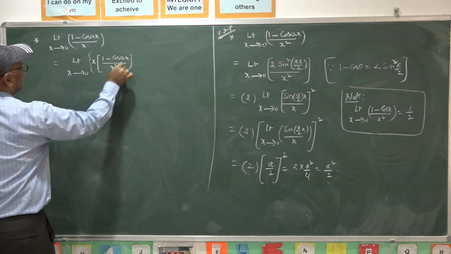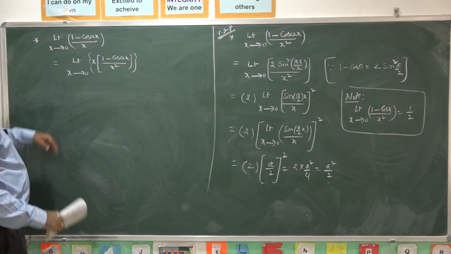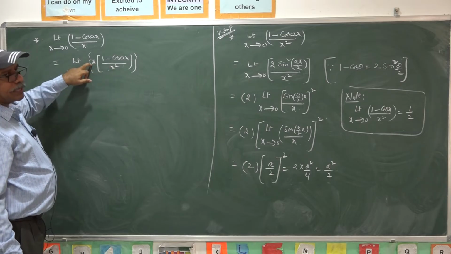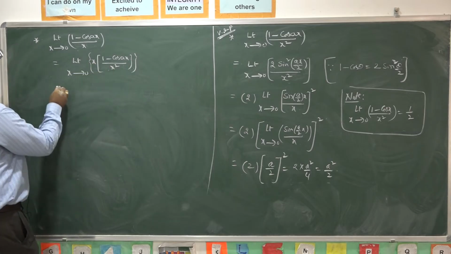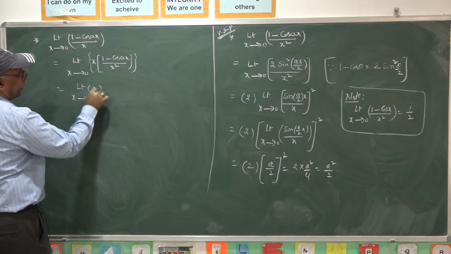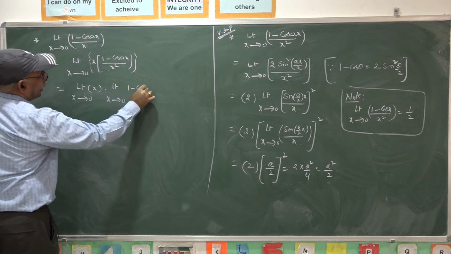I am multiplying the numerator and denominator with x. So, it may be written as 1 minus cos ax by x square into x.